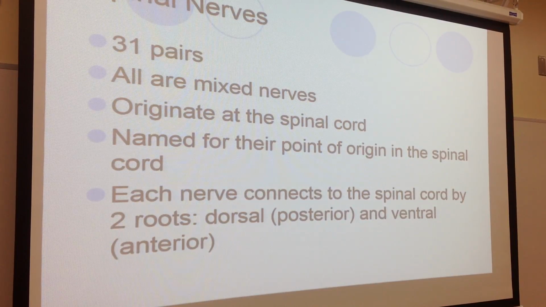They do originate at the spinal cord, and so you have coming out of the cord two roots, dorsal and ventral, that merge together into a single nerve before it actually emerges from the vertebral foramen.